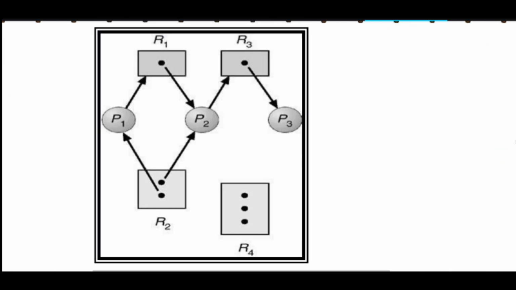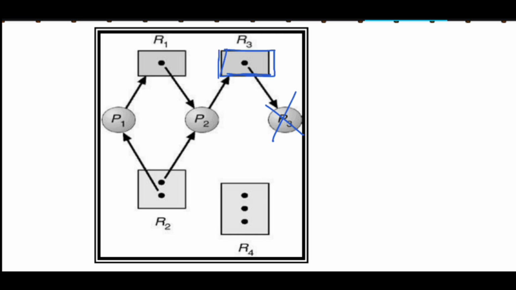Let's see the graph, the diagram. Here is our process P3, which has been allocated the resource R3. P3 doesn't need any other resources, so P3 can execute successfully. I'm marking in blue that P3 is easily executed. After P3 terminates, R3 is free.